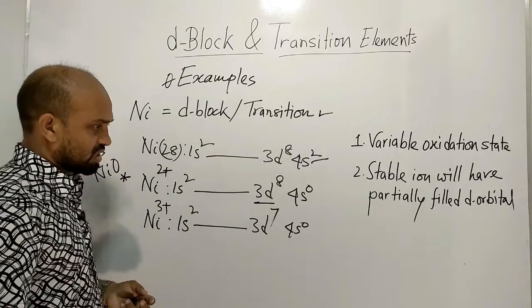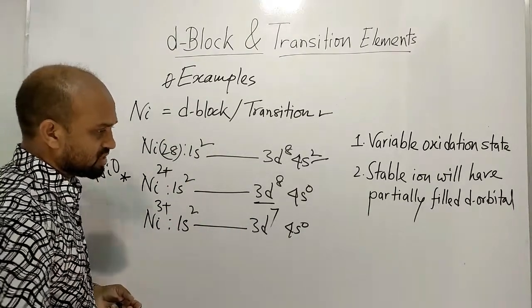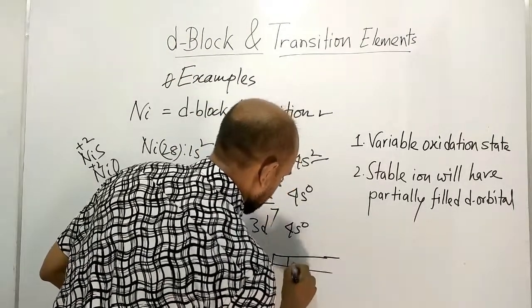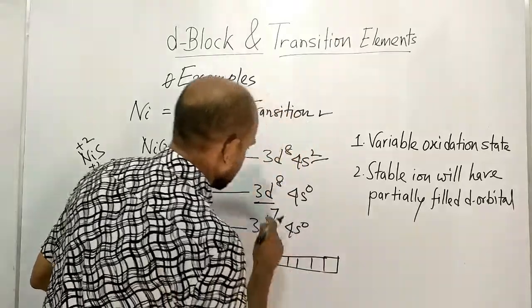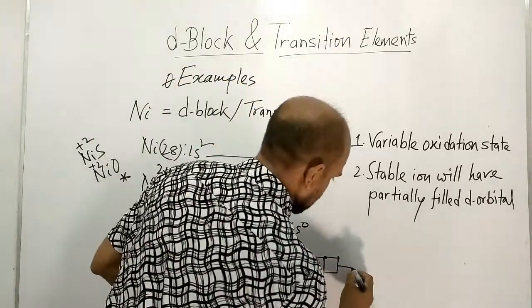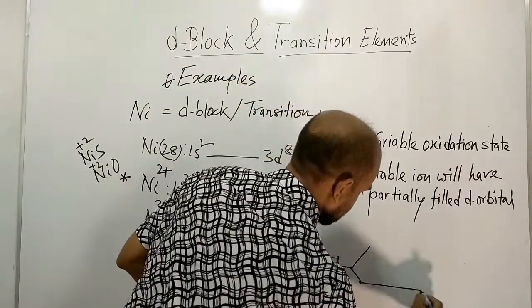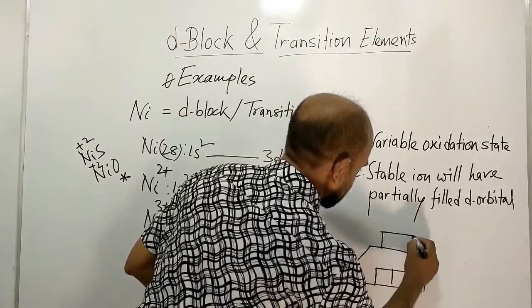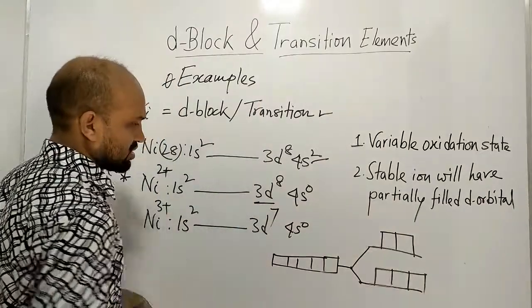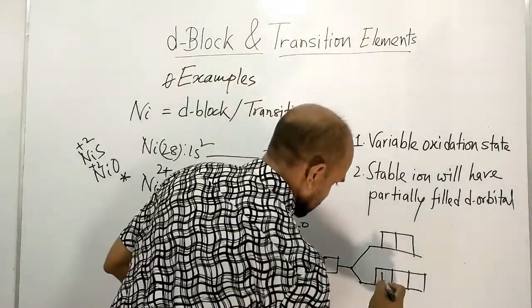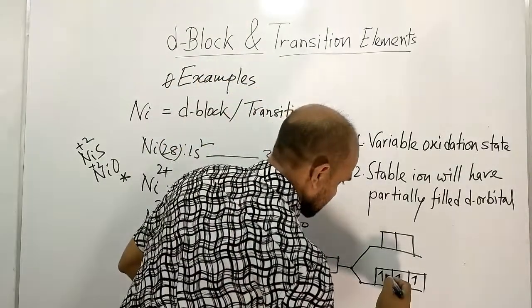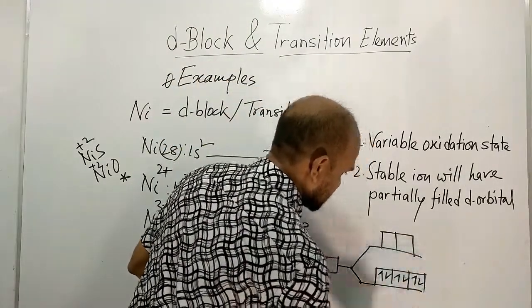This is stable. One thing can be mentioned here, that is crystal field theory. There are five d orbitals. These d orbitals are split: here three orbitals and here two orbitals. Eight electrons according to Hund's rule: 1, 2, 3. Now the electrons will be paired: 4, 5, 6.